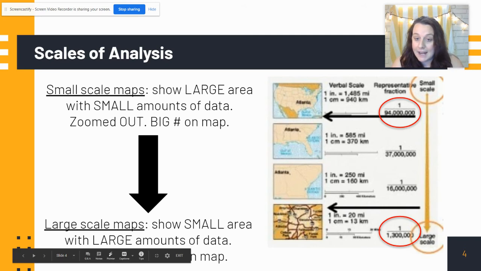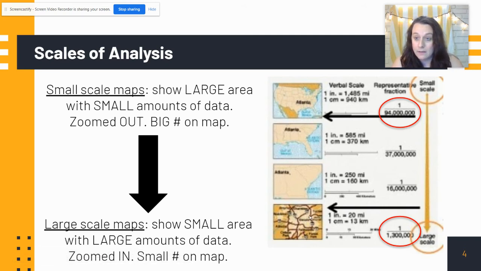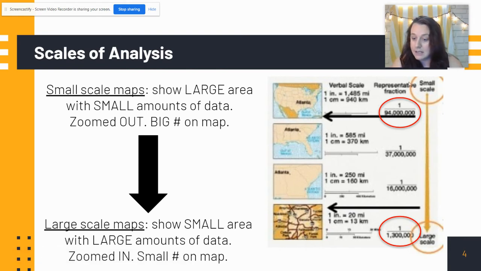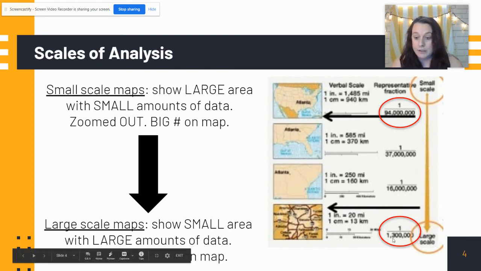There's a lot of data. I can see these highways on this map that were not visible here. And if you look at the numbers, you can see that these are very small numbers in relation to these numbers up here, right? So the large scale map is only showing 1.3 million on that representative fraction.